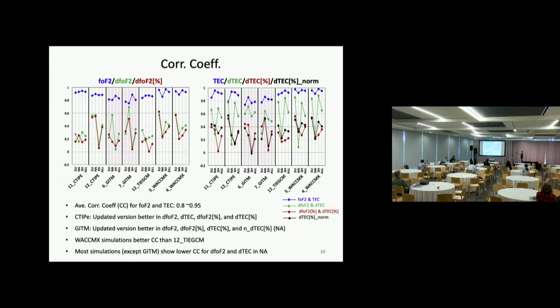And WACCM-X simulations show better correlation coefficients than TIEGCM. Most simulations show lower correlation coefficients in the North America sector. I guess this is because the models failed to catch this opposite response to the storm, negative on the west side and positive on the east side.